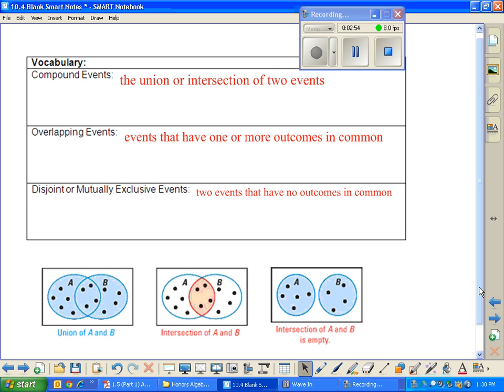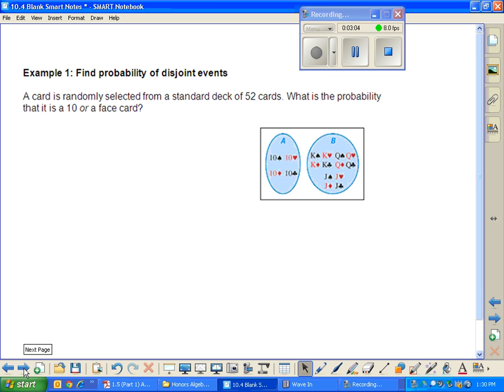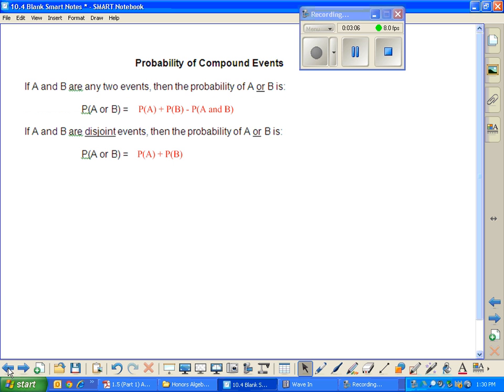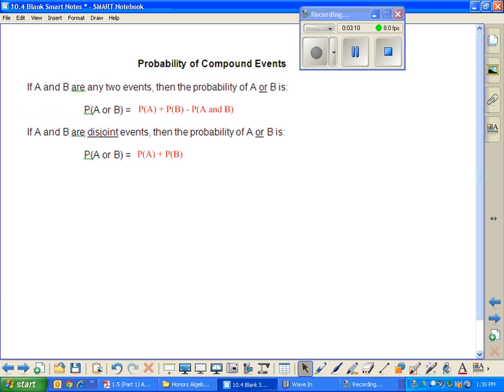So now that we have these new vocab words, let's figure out how we would find the probability of compound events, now that we know what a compound event is. All right, the probability of a compound event. Let me make these a little bit bigger for you. We have 2 different scenarios here.